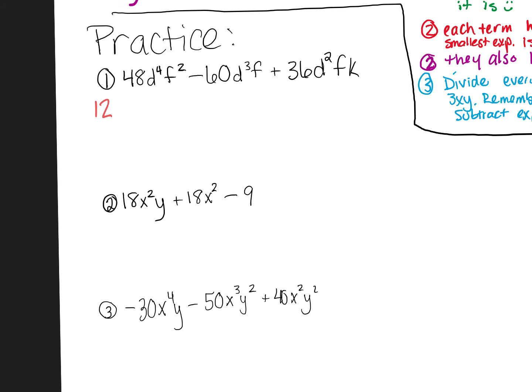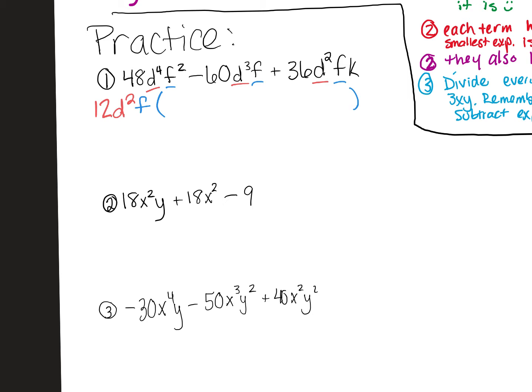Alright, next I'm looking at the variables. So, for D, we can take out a D squared. They each have at least one F, and only the last one has a K, so we can't take that out as the greatest common factor.